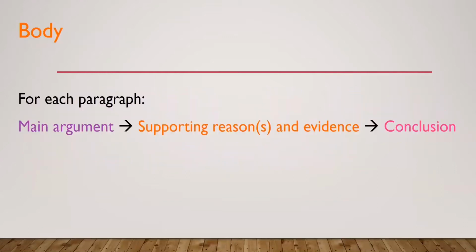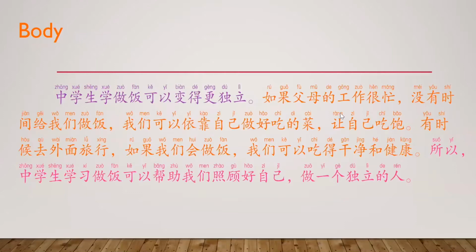Okay, body part, so we covered in the last video. Okay, for each paragraph, you need to start with the main argument, followed by supporting reasons and evidence, and then conclusion. So I just put the previously written body part over in this video.